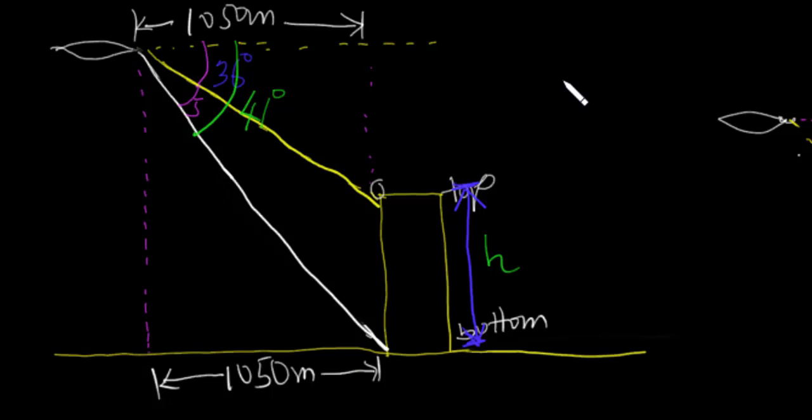The second thing is that you've been given two angles. First, an angle of 36 degrees, that is the angle of depression to the top of the tower. That is, when you lower your eye from the horizontal eye level to the top of the tower, the angle you go through is 36 degrees. And when you lower your eye from the horizontal eye level to the bottom of the tower, the angle you go through is 41 degrees.